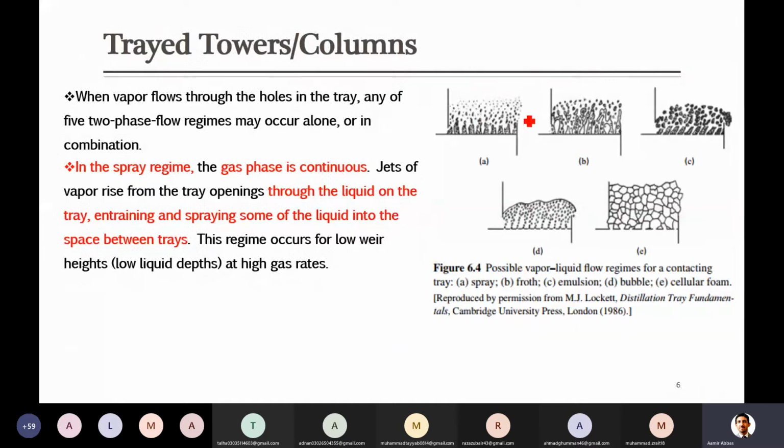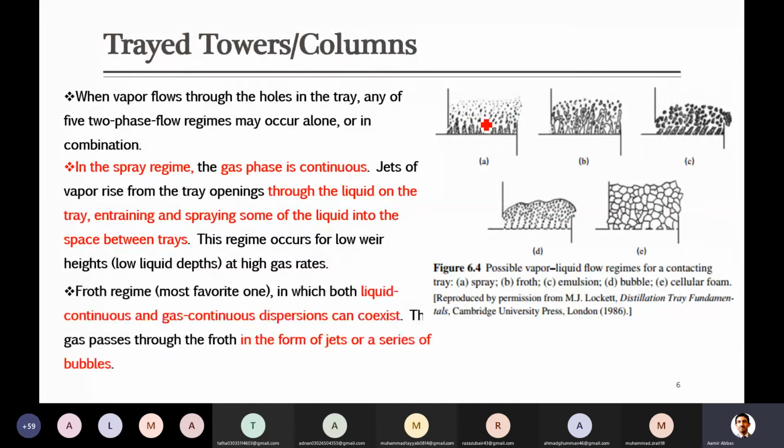Due to this reason, when we design, we accommodate some amount of liquid, so that it is not a spray regime. The next one, mentioned here in the second diagram, is called the froth regime. In this case, there is good contact between the liquid and vapor, and both liquid and vapor are continuous phases.